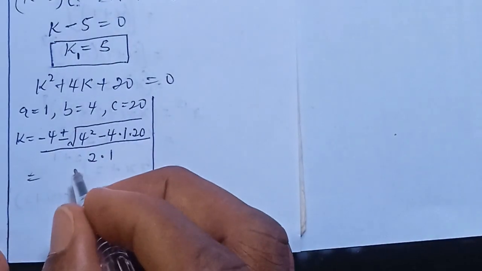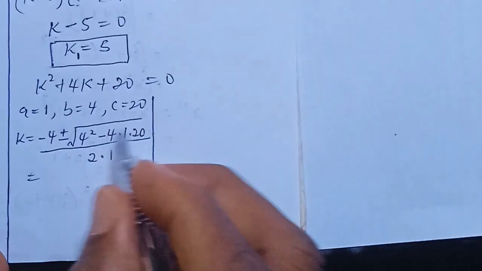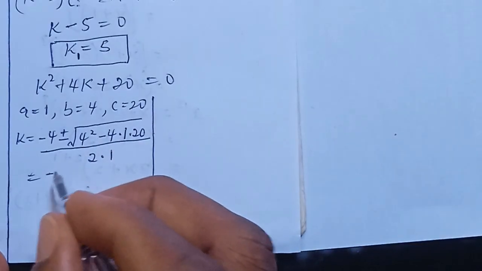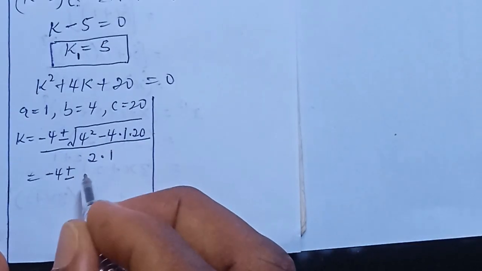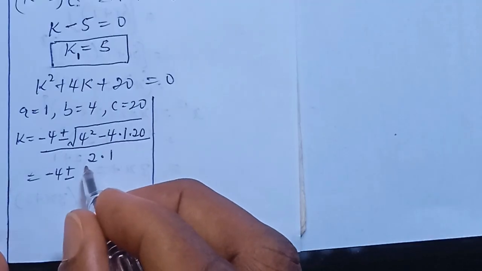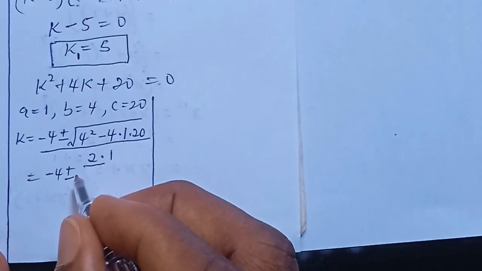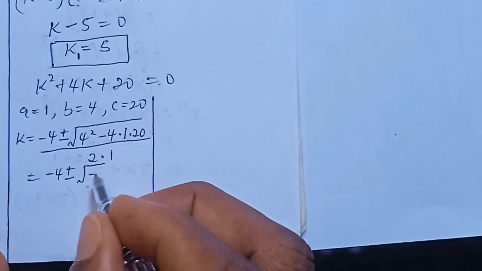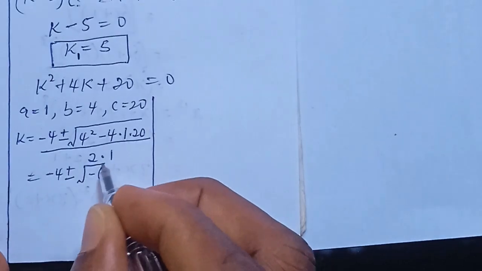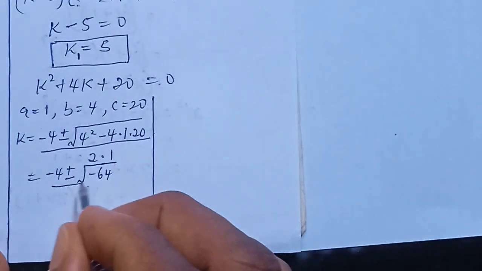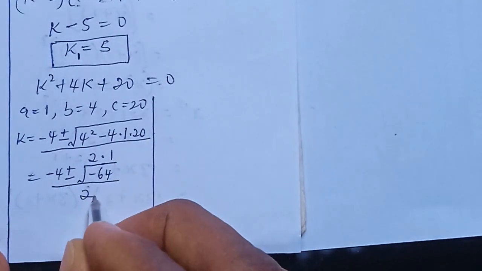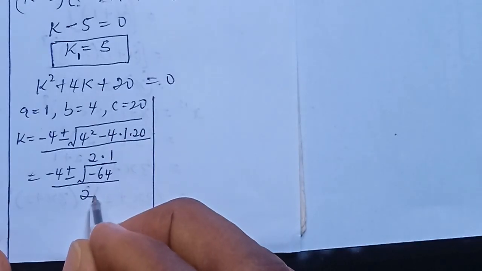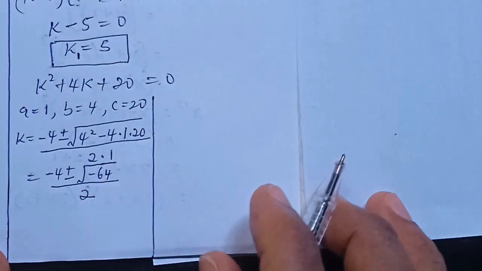And the whole of this is simplified as minus 4 plus or minus square root of minus 64 over 2.